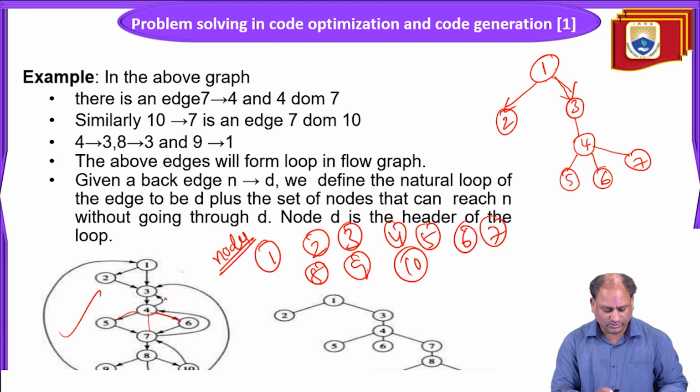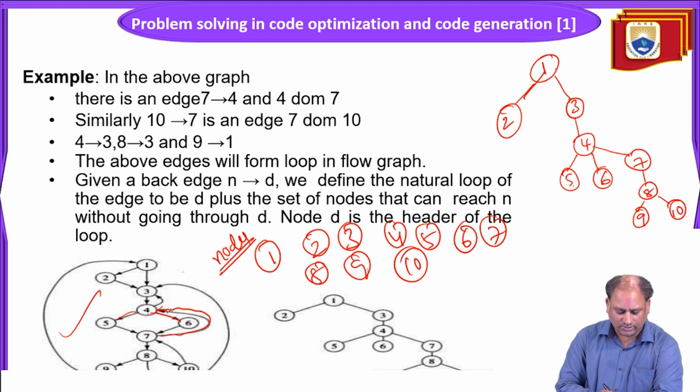Here there is no direct association, though there is an edge 7 to 4. That's why we are not representing the direct edges, only the dominating edges. So 4 dominates 5, 6, 7. And 7 has 8, and 8 has 9.